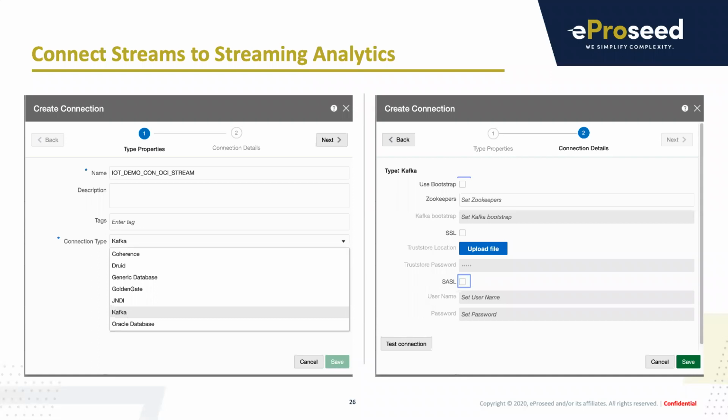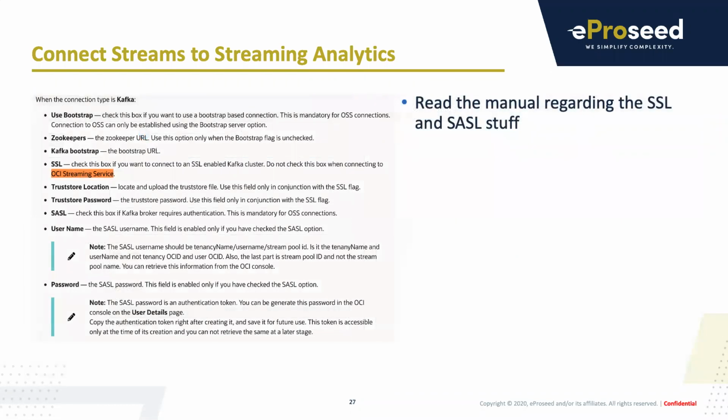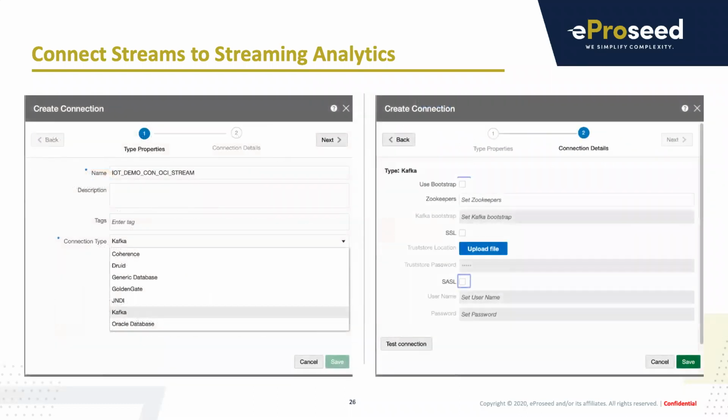We will not use the SAS stuff. Sorry, we need to prevent the SSL here, because if you check that when doing OCI streaming service, it will not work. So other than that, here we go.